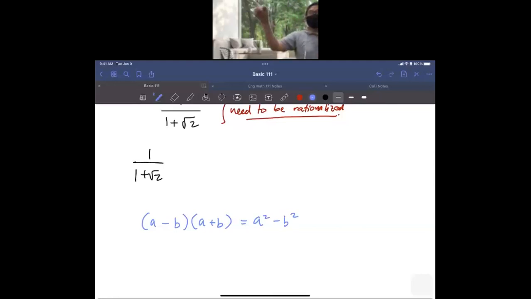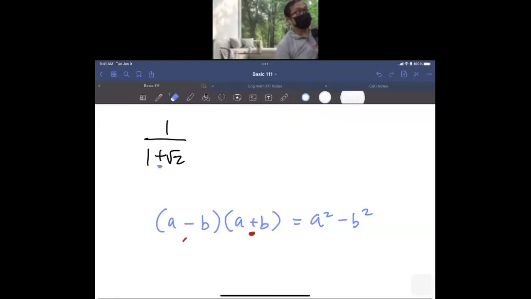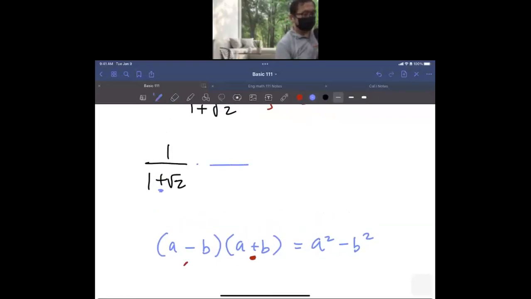Now, we have 1 plus square root of 2. What we are going to do is change the form of the denominator. We remove the square root. One way to think is, if we have a plus b, we need to multiply with something that has minus, but with the same component. That's how we are going to do this.